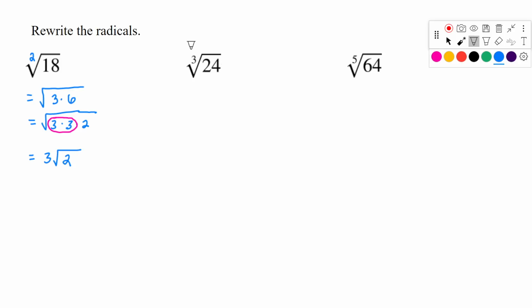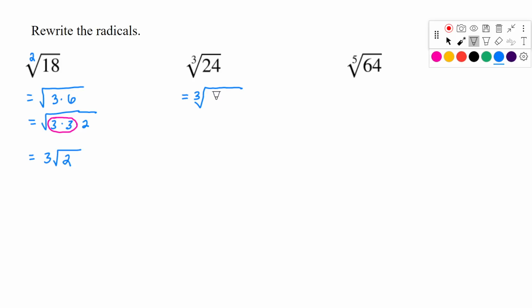For the second example, we have the cube root of 24. So we either want to find a number that is a perfect cube, or find groups of prime factors that are in groups of 3. For this one, I'm going to use the cube number.